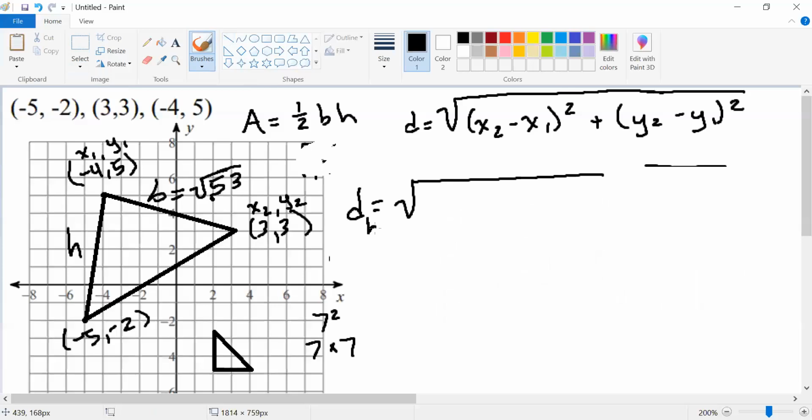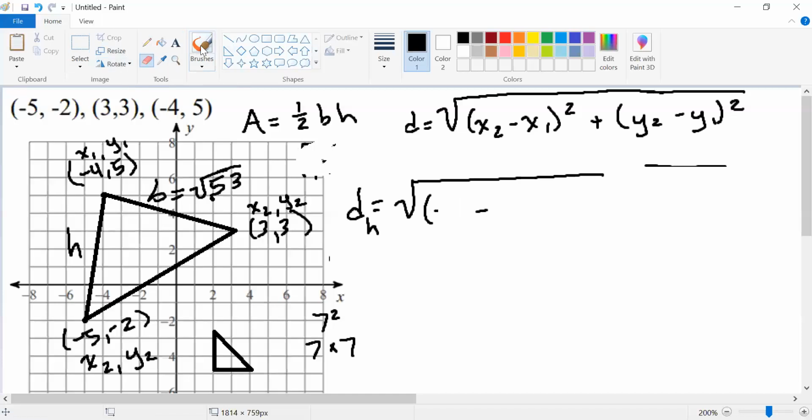Okay, so we want to find the distance, or the length of our height, right? Now I'm going to keep this as my first point, x1, y1, but this time, this will be my new x2, y2. And this is what I will be plugging in. -4 minus, oh, well, make sure you're going in order.